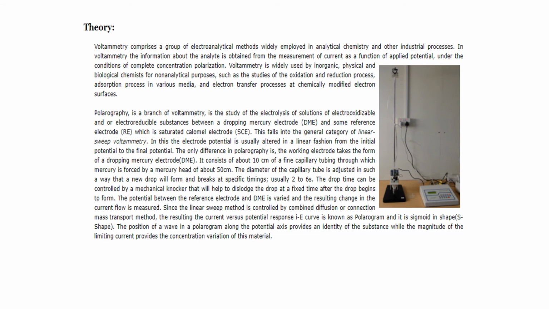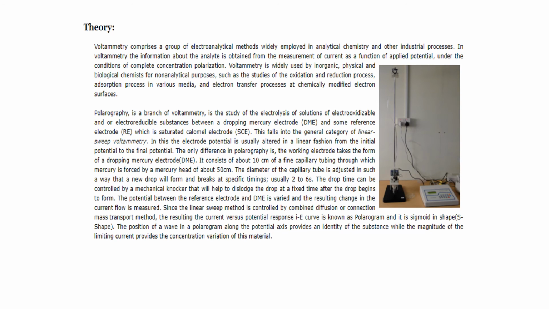Class, we do not need to go very deep into the theory and fundamentals. But you have to know that polarography is basically a branch of voltammetry, the electrolysis of a solution of electro-oxidizable and electro-reducible substances between a dropping mercury electrode, DME, and a reference electrode, which is a saturated calomel electrode.